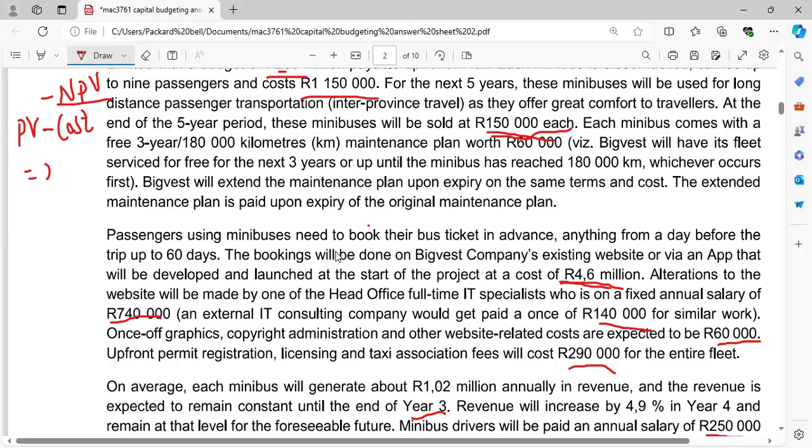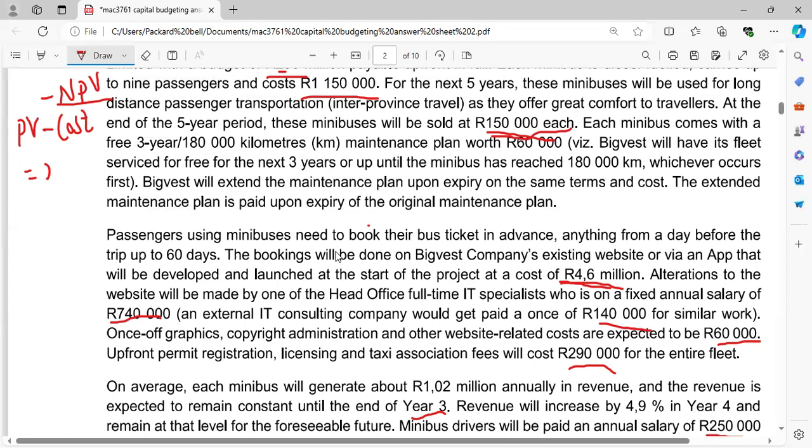It's a committed cost. We have this guy who is working full time, so whether we continue with the project or not, this guy is full time already. There is no need for us to include it in our calculation for deciding whether we continue with the project or not.